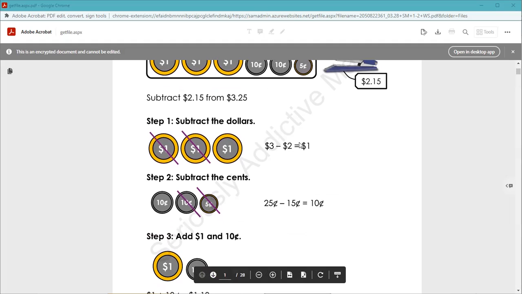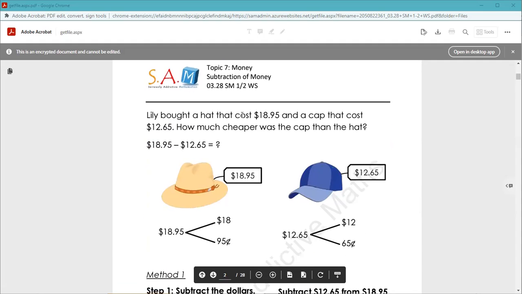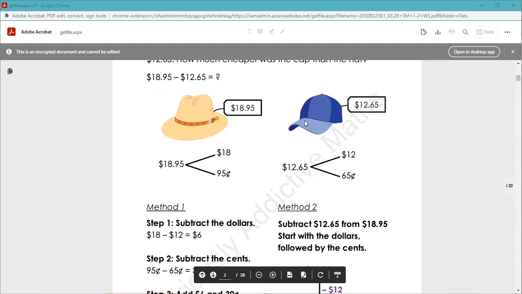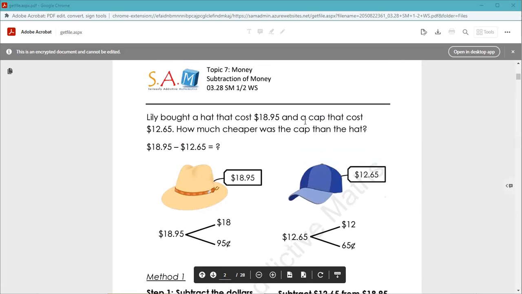You decide that you can do this method by looking at the cents, because in this case, the cents of the greater value is 25, and the cents of the smaller value is 15. So you know that you don't need to do regrouping. You can just do dollar minus dollar, cents minus cents. There are a few other ways that you can explore with them, but as I said, whatever they're comfortable with.